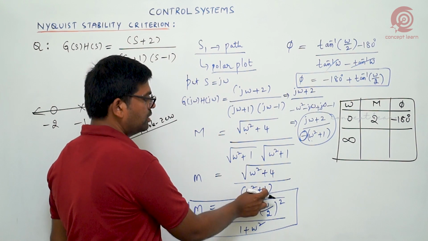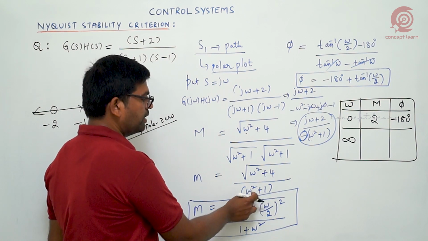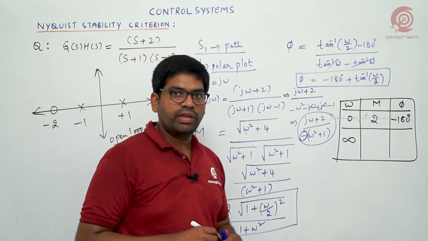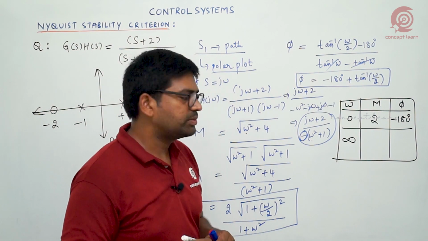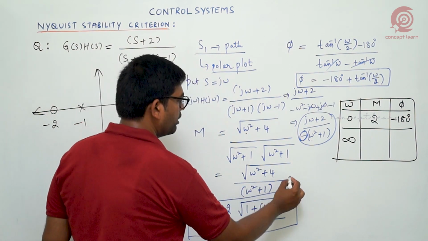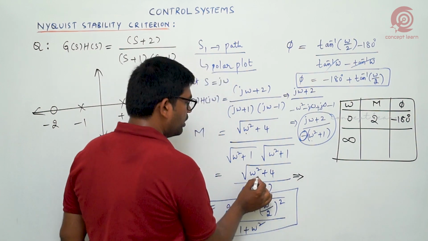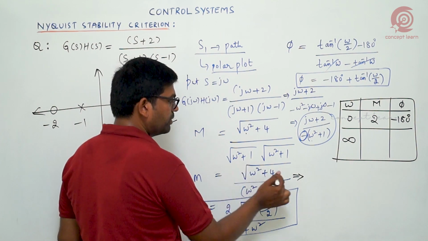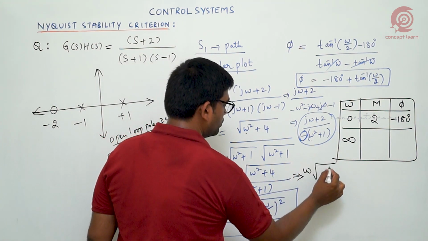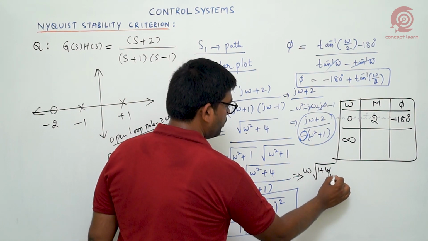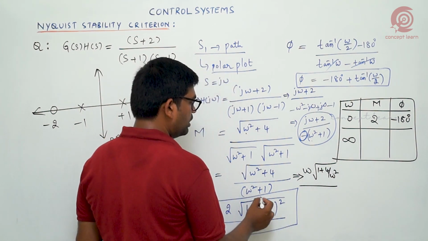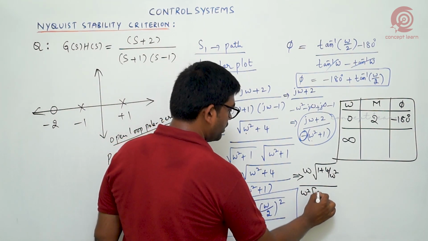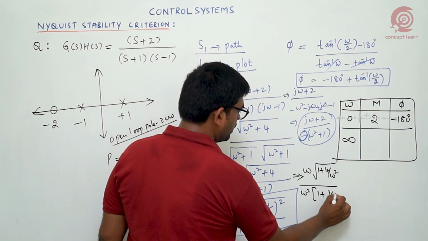Next one. Here also, if you take omega common, 1 plus 1 by omega square. What will be the result we get when we substitute omega as infinity? We get the ending point of this polar plot. When you take omega outside, omega square is there, square root means only omega will come. So we get 1 plus 4 by omega square divided by, here omega square plus 1 is there. Omega square, if you take common, we get 1 plus 1 by omega square.